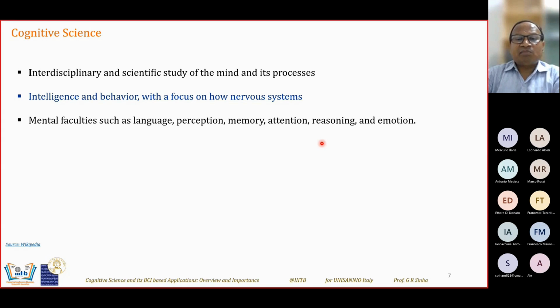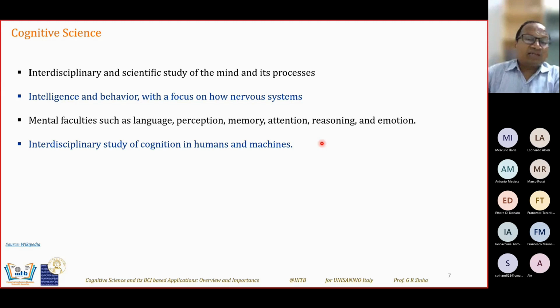After some time, maybe after 2 or 3 lectures, you will be very familiar with all the terms, I'm sure. Interdisciplinary study of cognition. I have told you what cognition is in humans as well as machines. There is even research going on into the study of cognition in animals as well. That aspect I will not be covering, especially the study of cognition in animals.